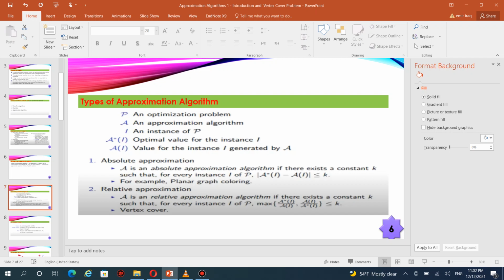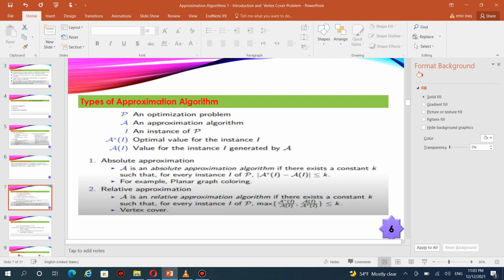So we have two types of approximation algorithm: absolute approximation and relative approximation. An absolute approximation algorithm is one where there exists a constant k such that for every instance I of P, the absolute value of A*(I) minus A(I) is less than or equal to k.